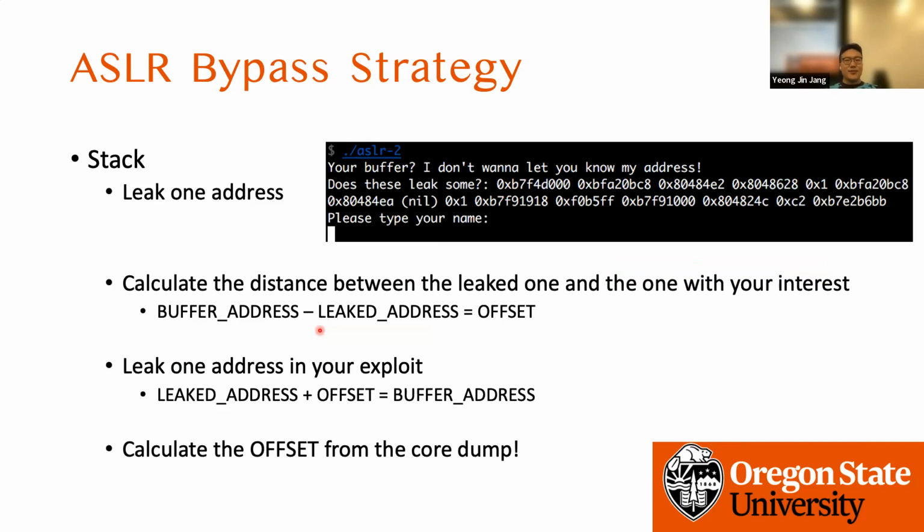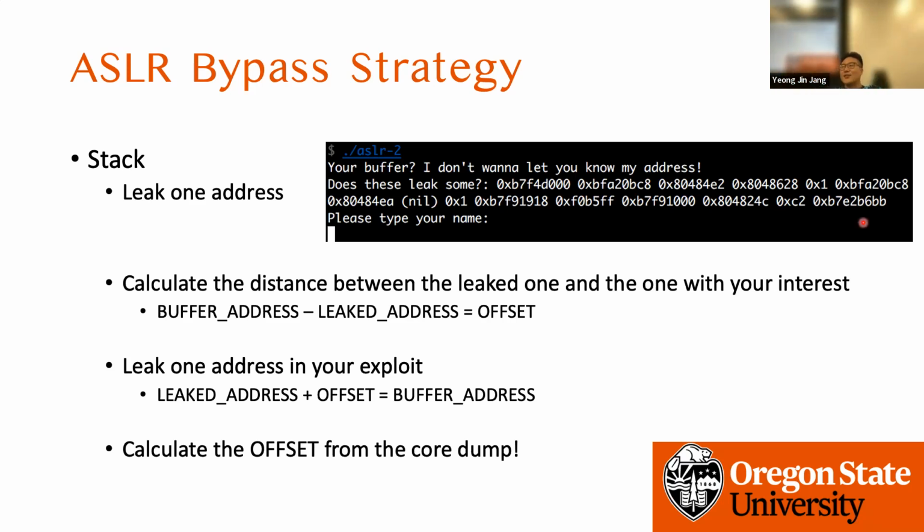So for ASLR2, that challenge will leak some of the pointers like this. And then you will realize that some of the addresses starting with BF are for stack, and some of the addresses for B7 are in the library space. Yeah, you will see that after running ASLR check 1, ASLR check 2, there's some fixed part of the addresses.